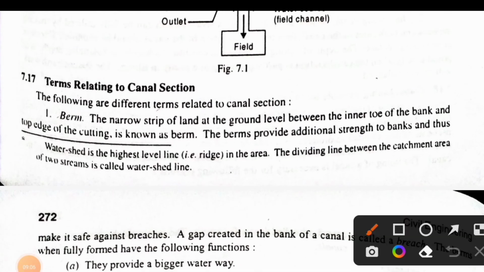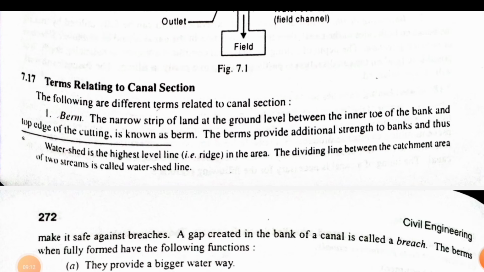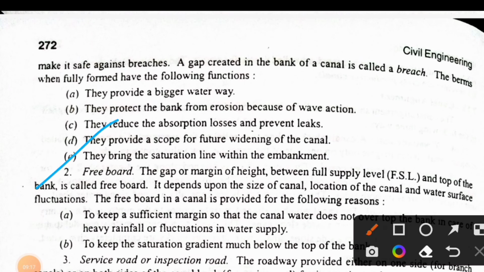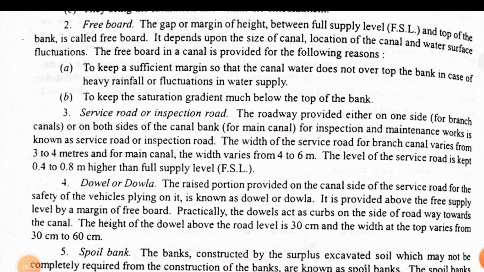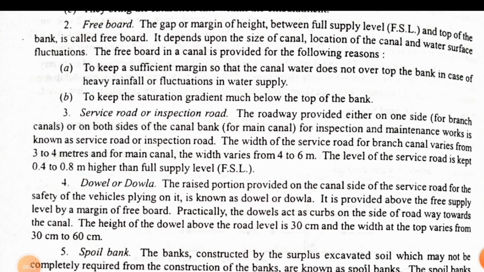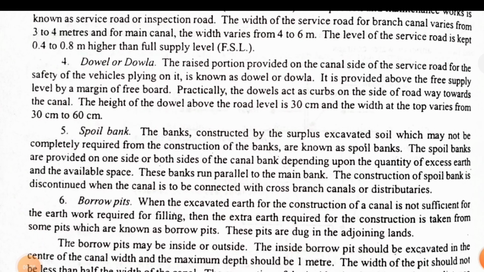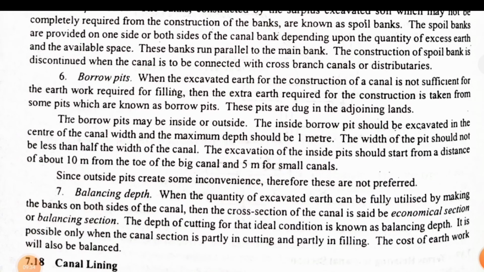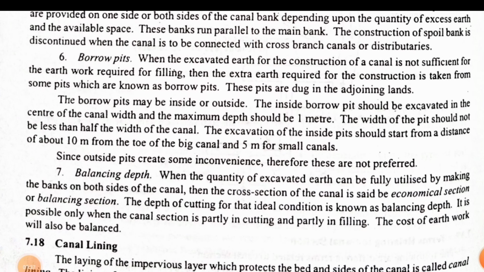Number 1 berm. Number 2 freeboard. Number 3 service road or inspection road. Number 4 dowel or dowla. Number 5 spoil bank, borrow pit, balancing depth.